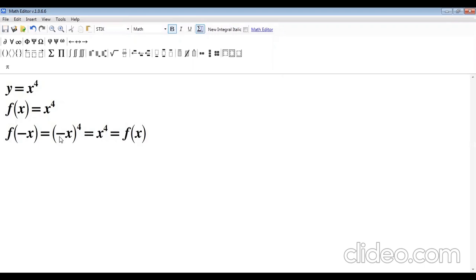Because if the power is even, then the minus will be cancelled. If we multiply four minuses, it will be plus. That means this type of function is called an even function. Understand?